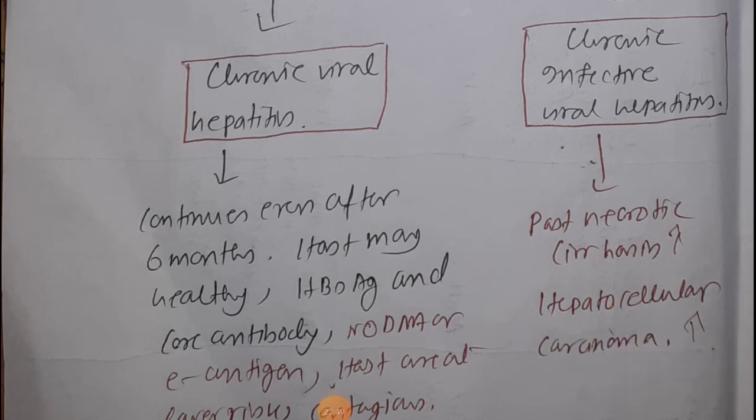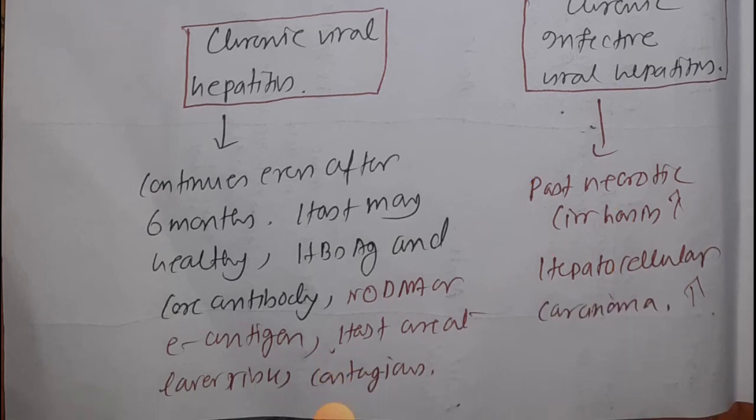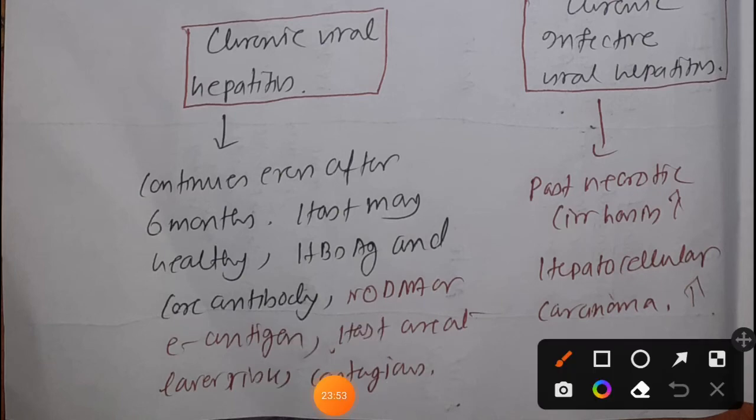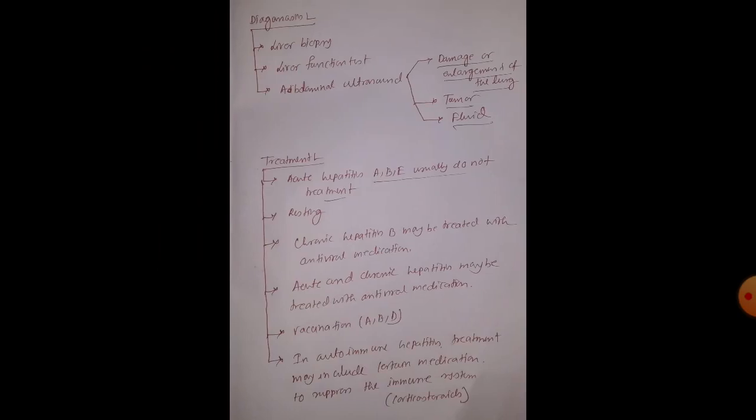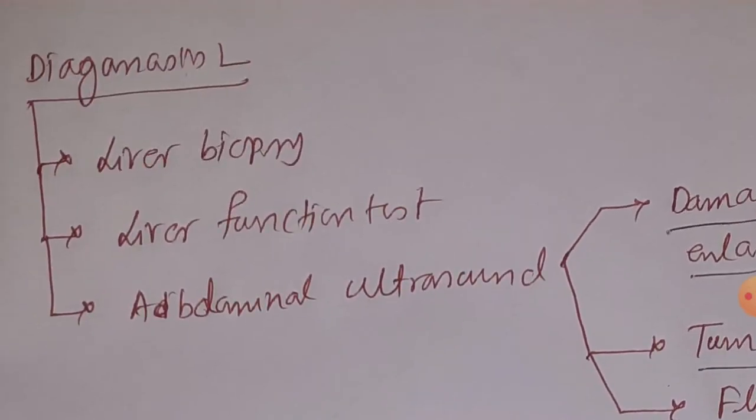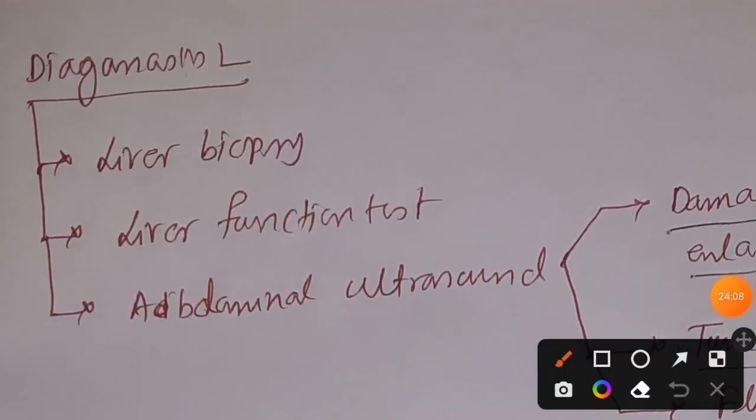But if chronic viral hepatitis occurs without that, there is relatively good news, because no DNA or E antigen is increasing, so hosts are at low risk but remain contagious. Now let's move to the diagnosis part. As we are discussing a problem in the liver, we will use liver biopsy.